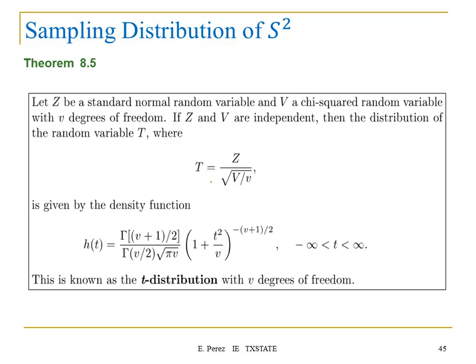The only thing that you need to remember is that we can construct a sampling distribution for t based on the statistics that we already learned, the z and the chi-square. We're going to use this t statistic and the t distribution, with this density function, to compute some probabilities for the mean, for the case in which we don't know the population standard deviation.